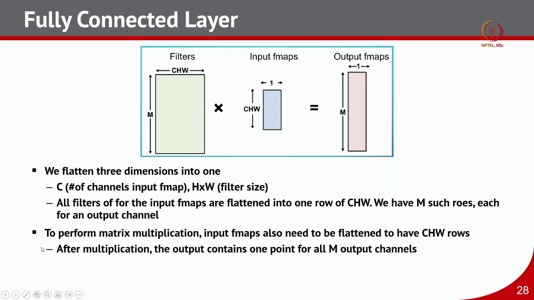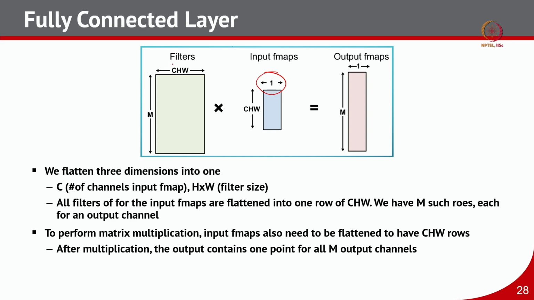Now, let us see when we do the flattening, how this fully connected layer looks like. So, flattening will work in the same way. Remember, the only difference is that the number of columns in the flattened output feature map is just 1, because we will just have one column in the output feature map, right. Now, we flatten this 3 dimension into 1.